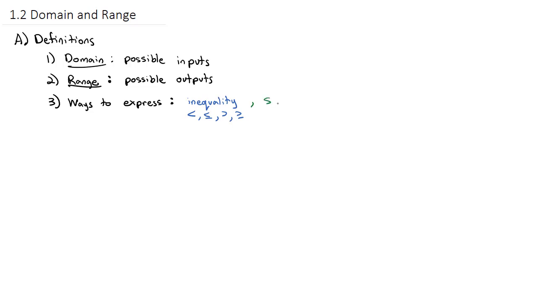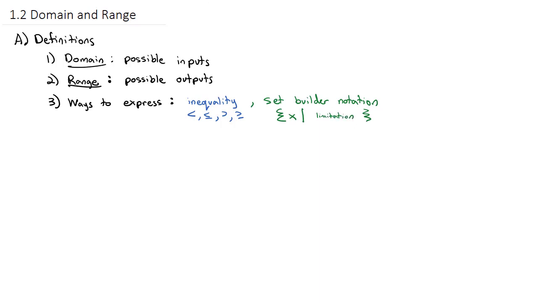Another way to express the domain and range is with what is called set builder notation. The idea of set builder notation is we have these squiggly brackets with whatever our variable is, a vertical line, and then some type of limitation listed.